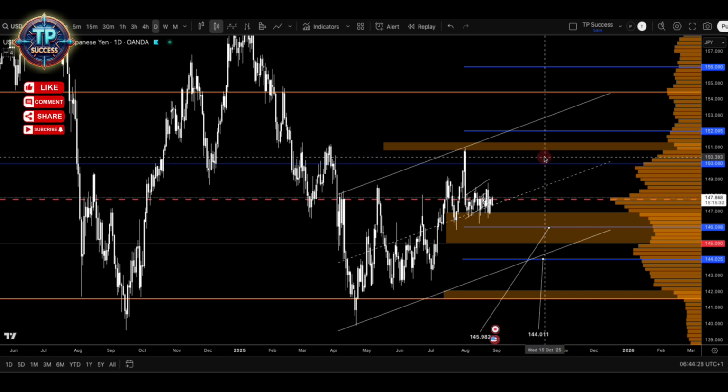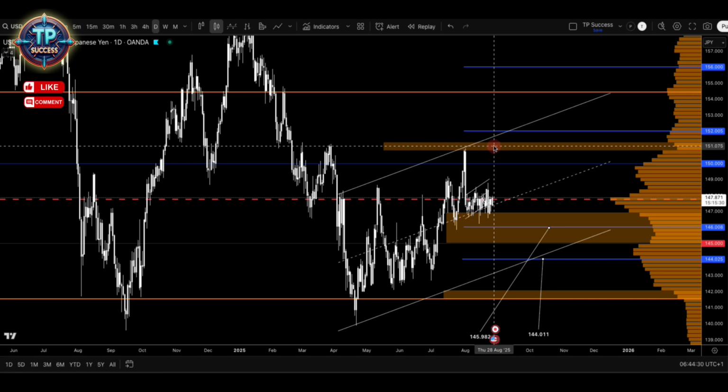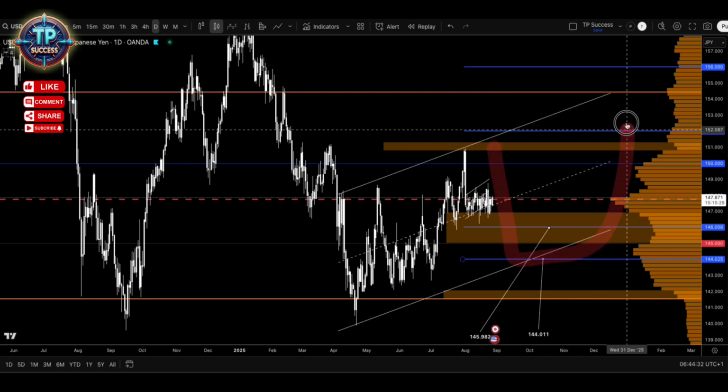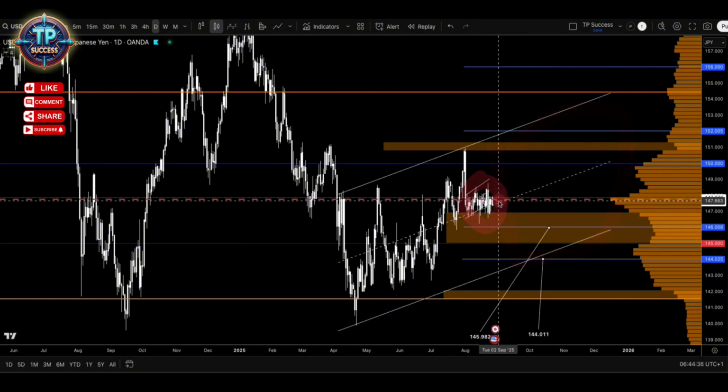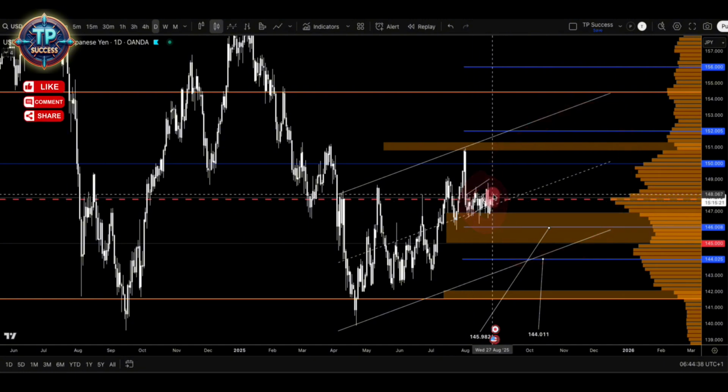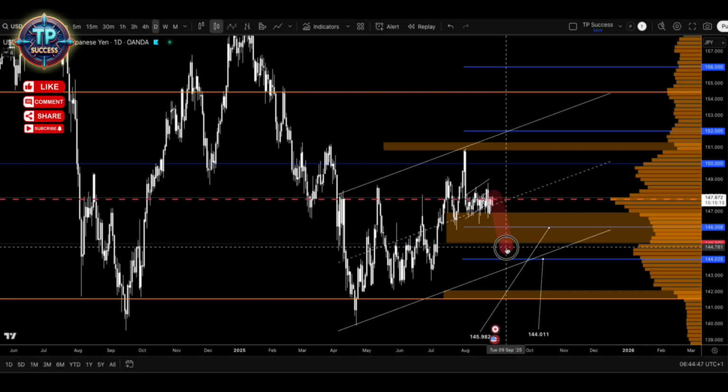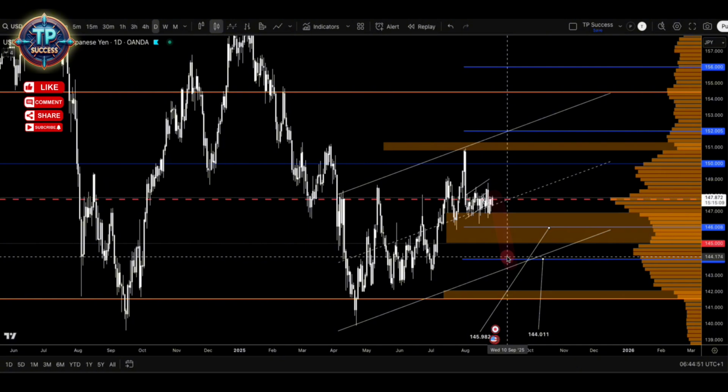So this area right here, there's nothing going on, okay? And based on what I'm seeing right here, even though price is pushing up right now in today's candle, because we're on a daily chart right now, a part of me believes that price is going to come down to around this level over here, right?